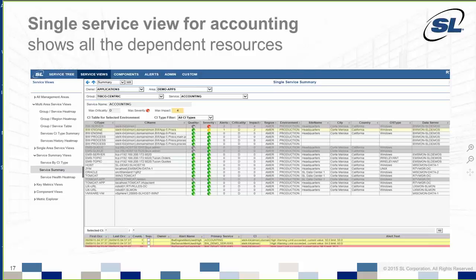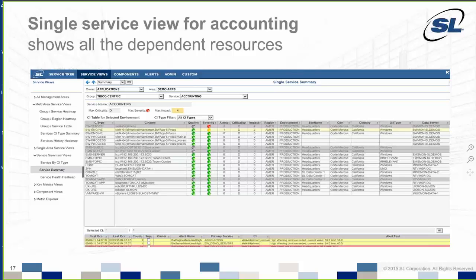So I may have started off at that dashboard level, that heat map level, looking across thousands of different resources, thousands of different components. Within 3 clicks now, I've not only identified which business service is having a problem, but I'm now just looking at those components that could be responsible for that. I've filtered out everything that's extraneous. There's no noise here.